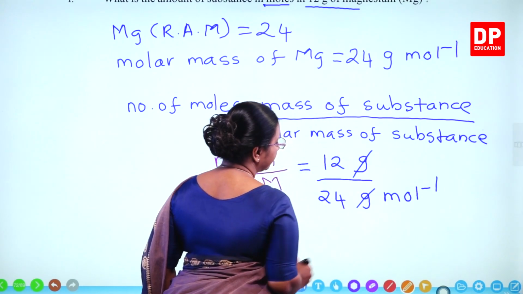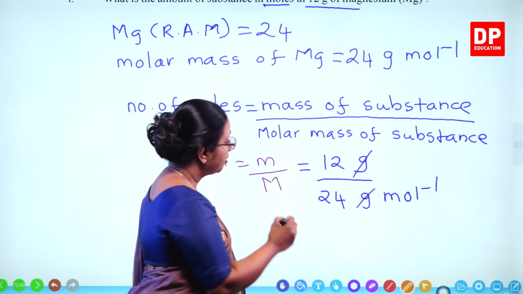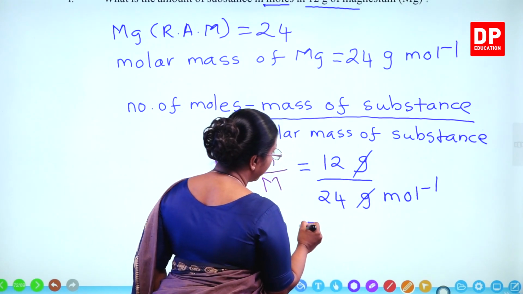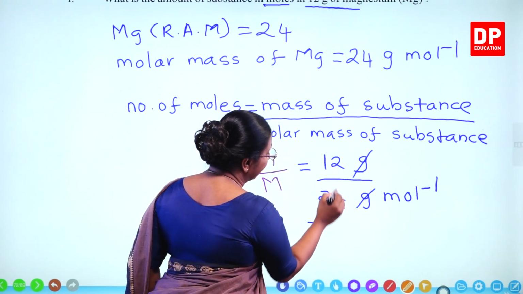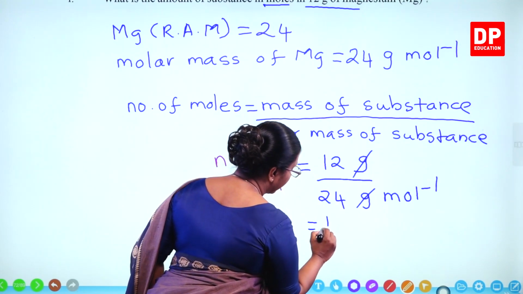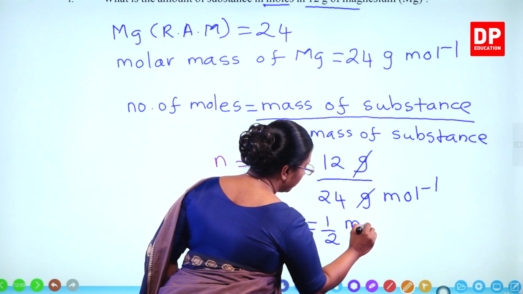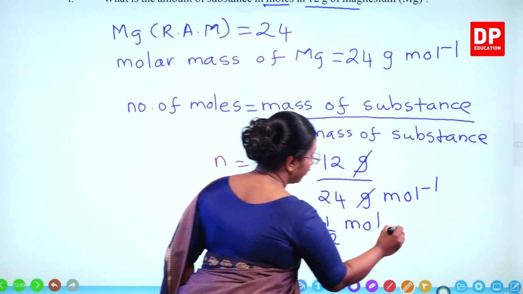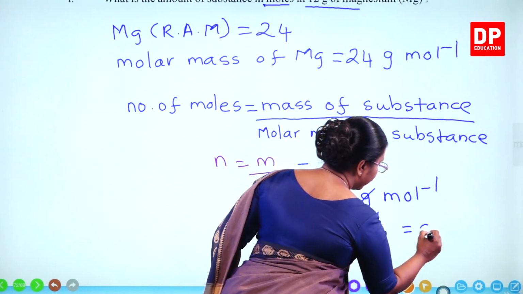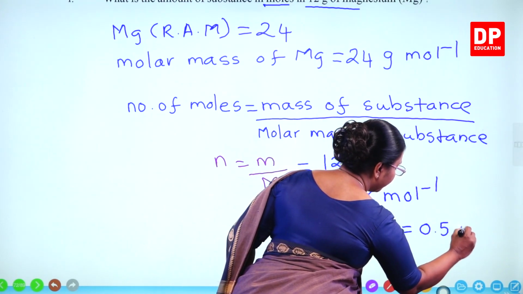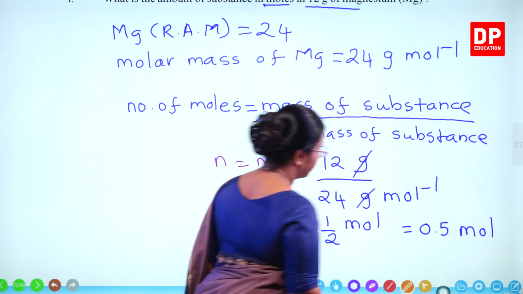So the gram and gram will cancel off. Moles will go up. Before that, 12 divided by 24, that is 1/2 mole. So if you simplify and write, it will be 0.5 moles.